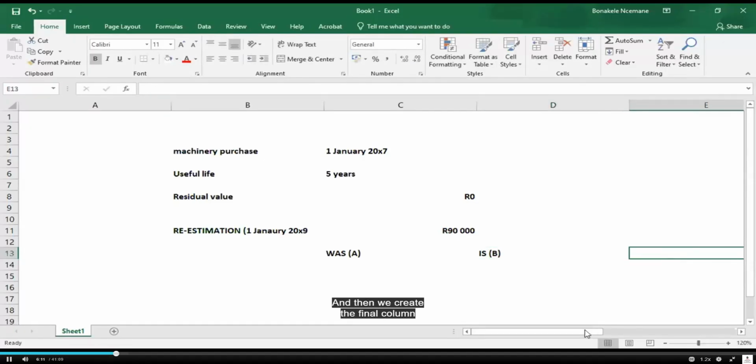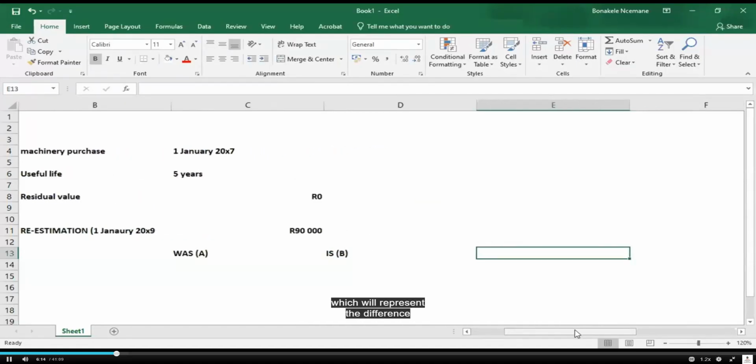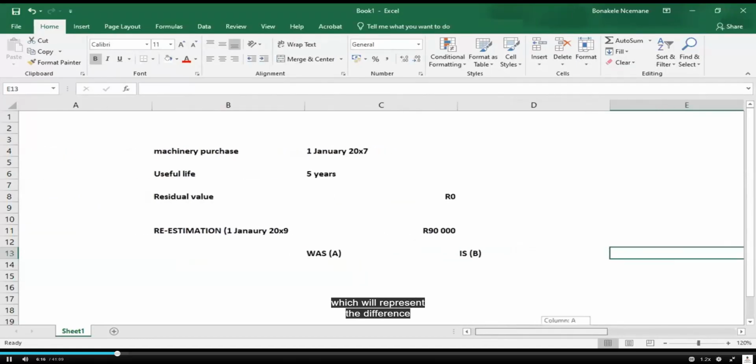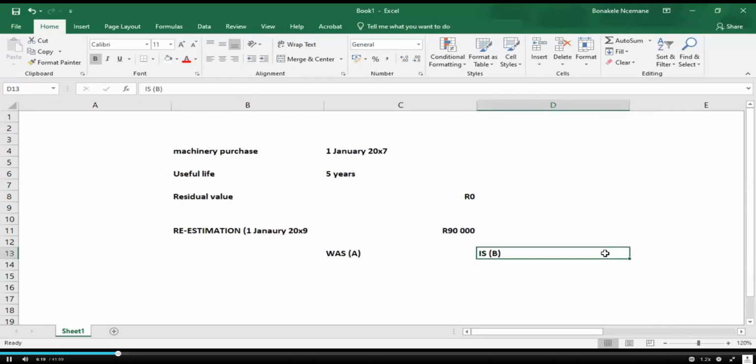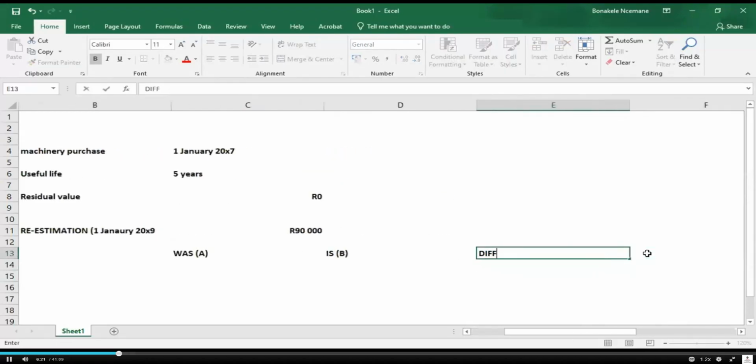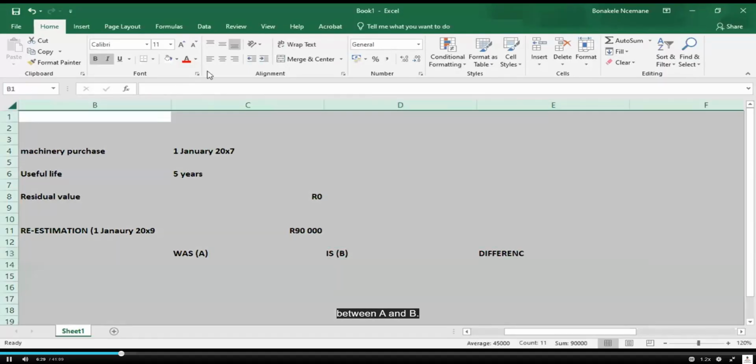And then we create a final column which will represent the difference between A and B.